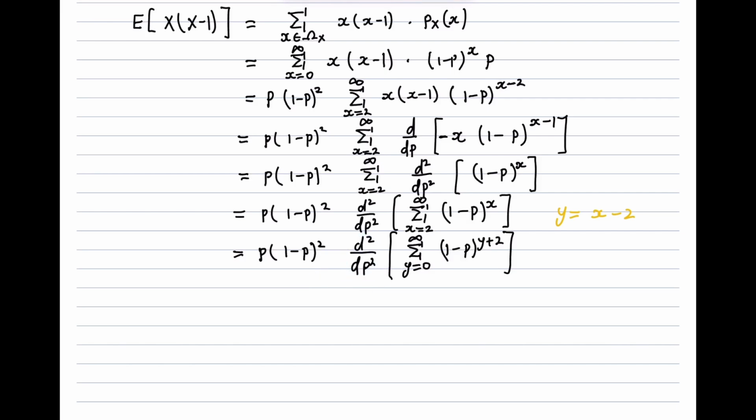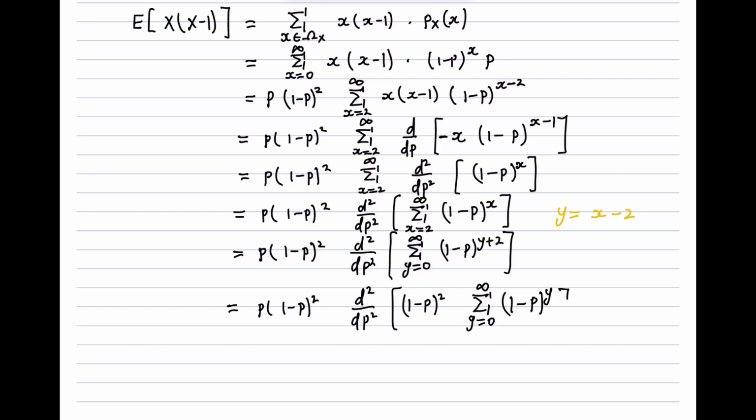You can't take out a factor when you're differentiating that's dependent on the differentiating variable. So in this particular example, we've got (1 minus p) squared, d squared on dp squared, (1 minus p) squared, the sum y equals 0 to infinity of (1 minus p) to the y.